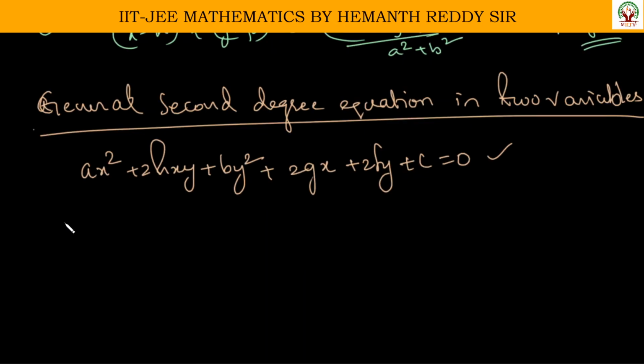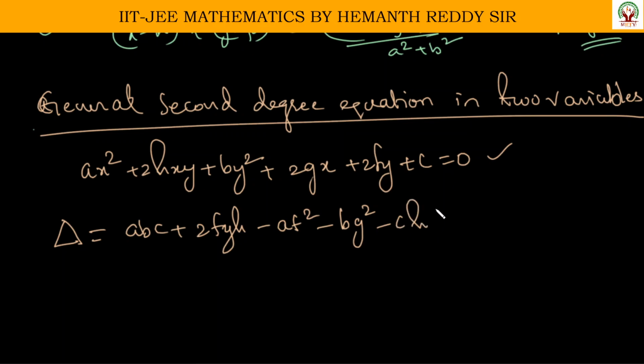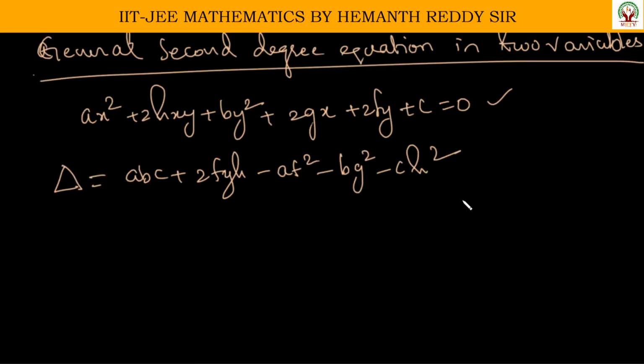Already I told you, there is a quantity called delta. Delta is abc plus 2fgh minus af square minus bg square minus ch square.